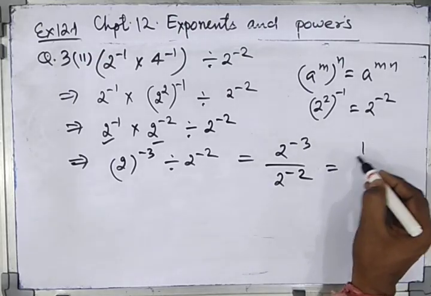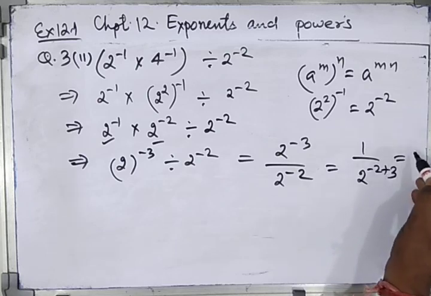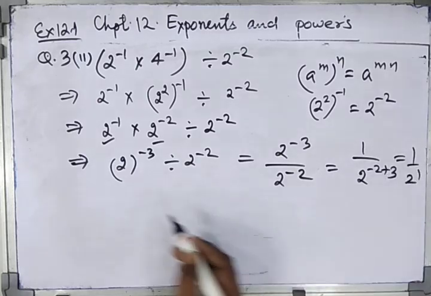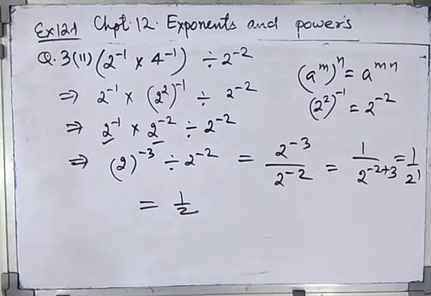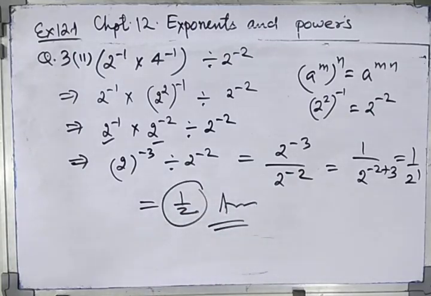This will be equal to 1 by 2 raised to minus 2 plus 3, which is 1 by 2 raised to 1, equal to 1 by 2. This is the required answer.